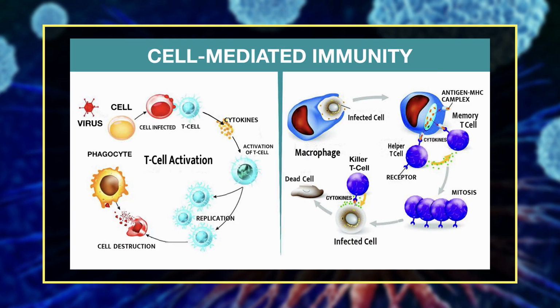Unlike antibody-mediated responses, CMI relies on antigen-specific cytotoxic T lymphocytes or the CTLs, helper T cells, activated phagocytes and the cytokine release. Adaptive immunity is defined by specificity, precise antigen recognition, heterogeneity, diverse cell types and molecules, and memory, a faster, stronger response upon re-exposure.